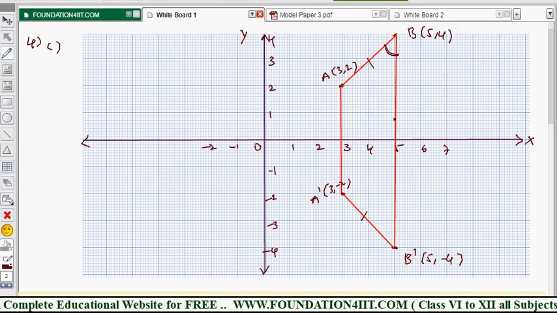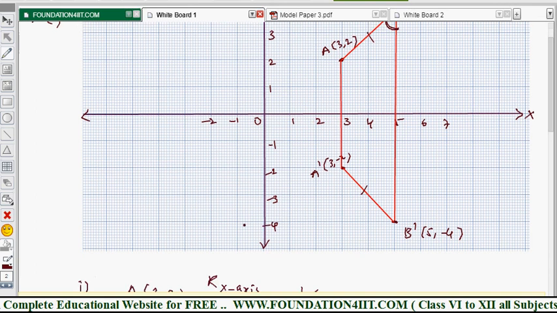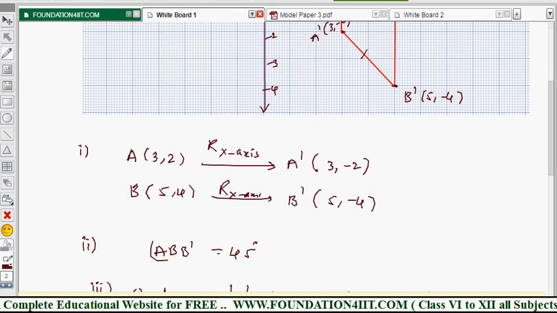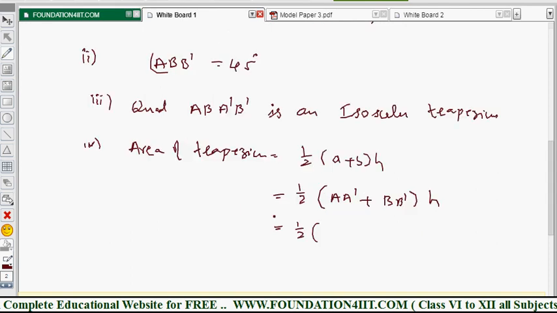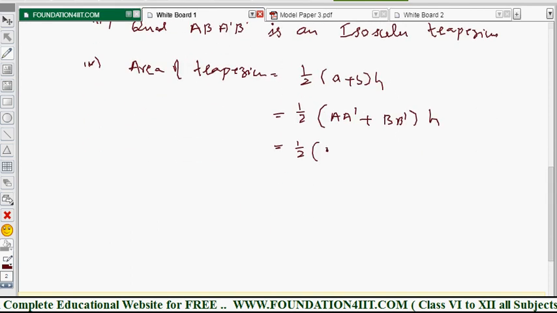Counting 1, 2, 3, 4 on this side it is 4. And the distance between them is only 2 units. Just apply the rule: 1 by 2 into (4 plus 8) into 2. That is 1 by 2 into 12 into 2. So the 2s cancel, and the area is 12 square units. This is the area of the trapezium.